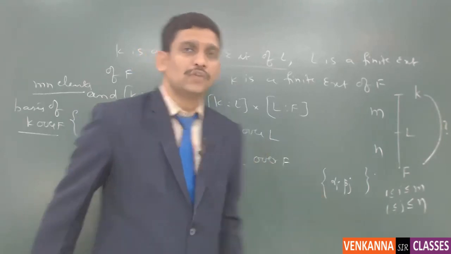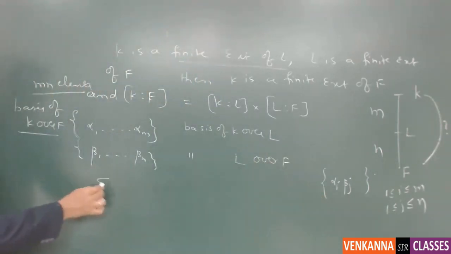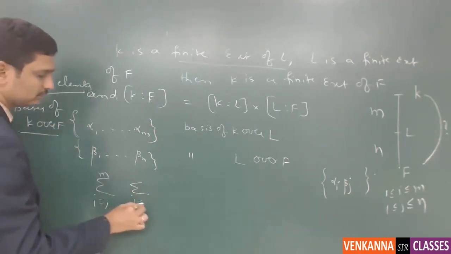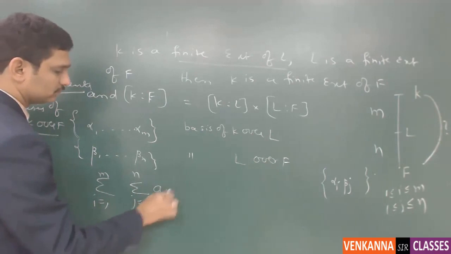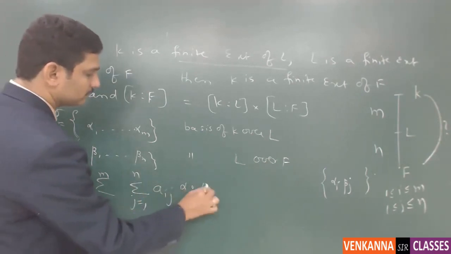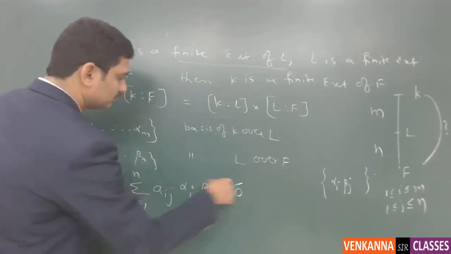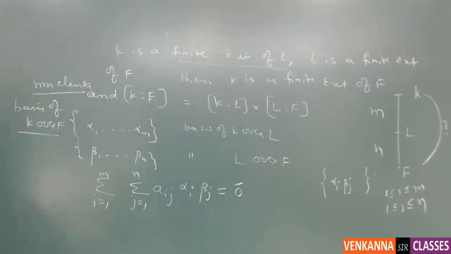So if you consider the linear combination, this is a linear combination where the result is 0, where a_ij are scalars taken in F. Are you clear?